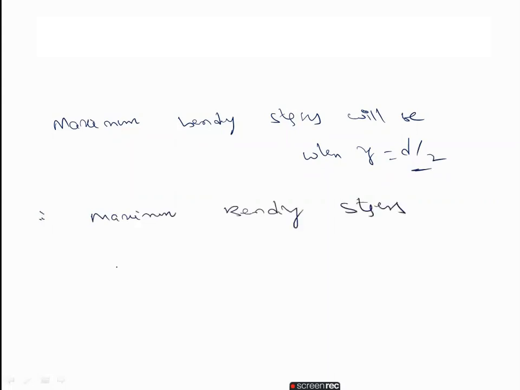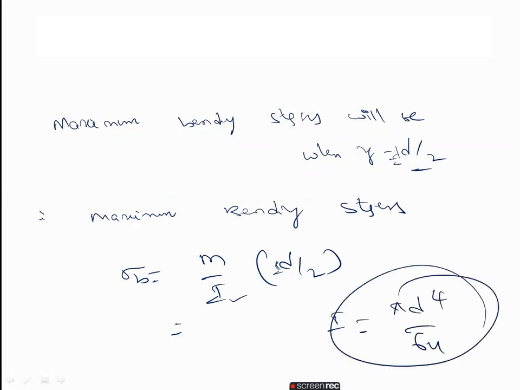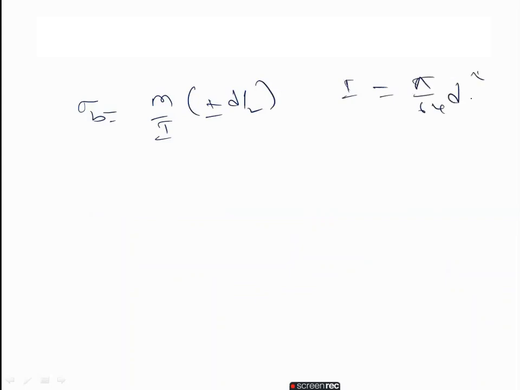Okay. So now we have to calculate the maximum bending stress. Sigma B equal to M by I into D by 2, so this is plus or minus. The moment of inertia I equal to pi D power 4 by 64. Please substitute this moment of inertia into sigma B. So again I will write sigma B equal to M by I into plus or minus D by 2. I is nothing but pi by 64 D power 4.